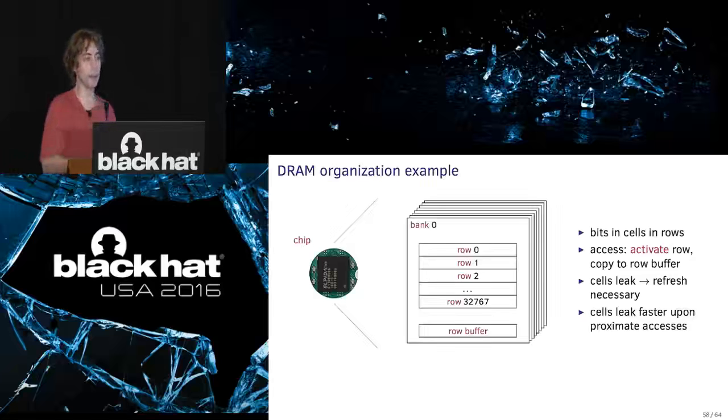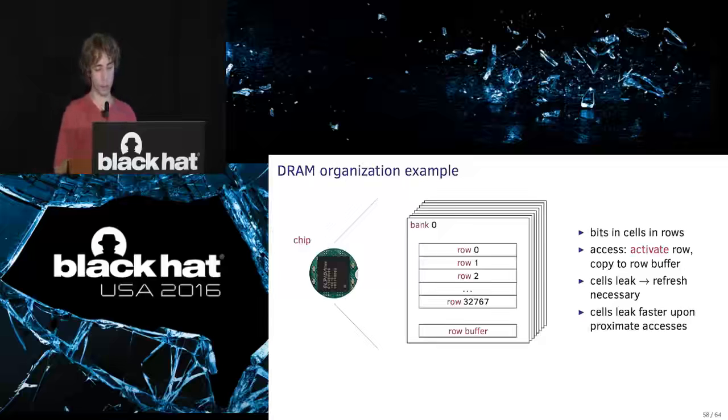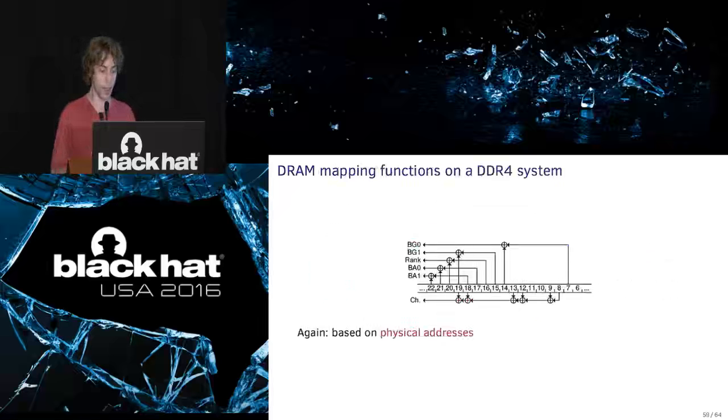Now, it has been found when researching the rowhammer bug that proximate accesses can increase the probability of a bit flip, and the reason for this is that the cells leak faster upon proximate accesses.